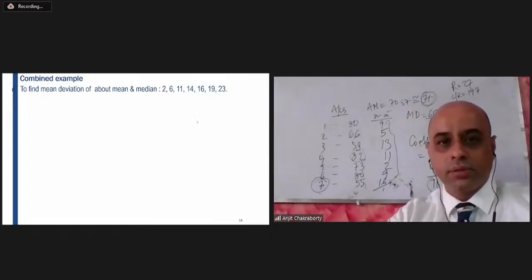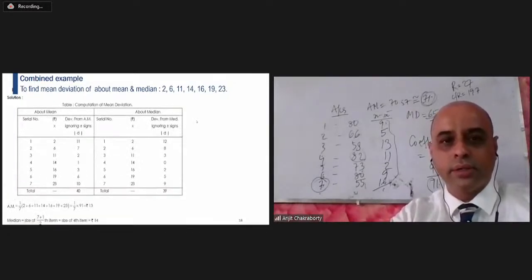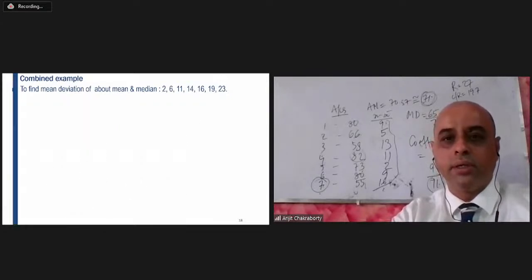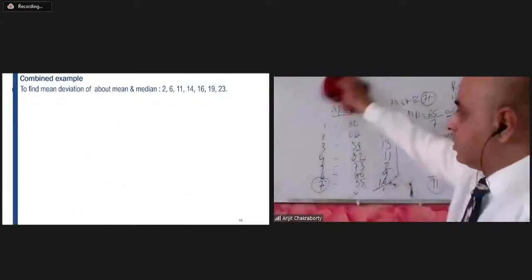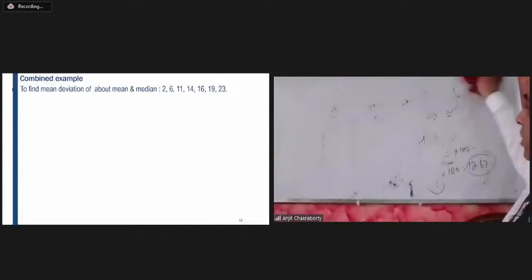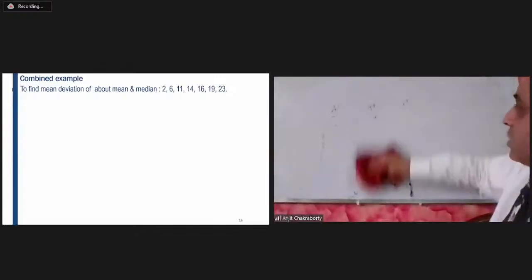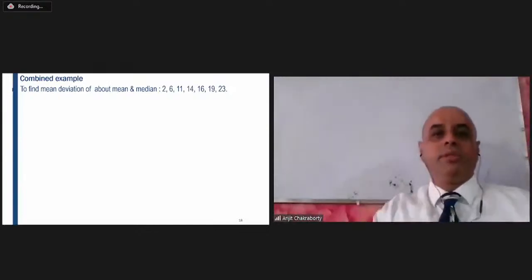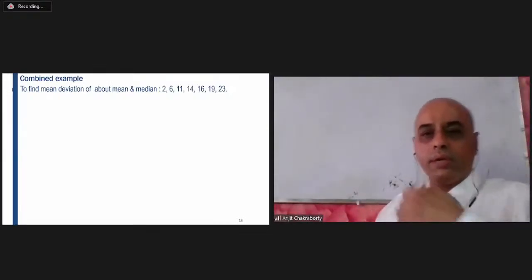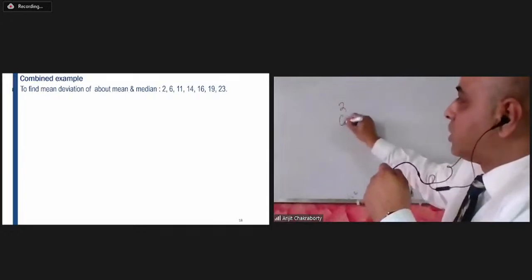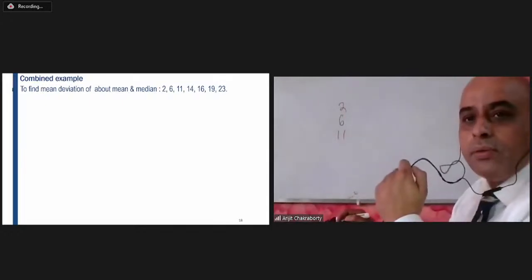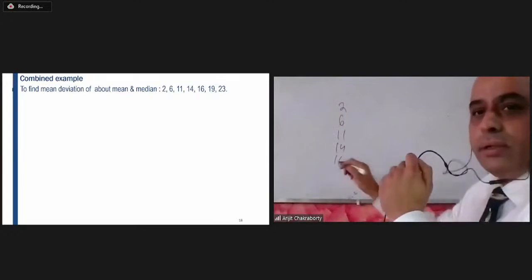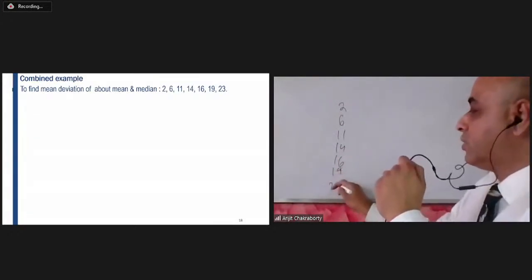Okay, let us try to solve it through the median. Mean we have already done in a few examples, so let us take the median. The center will be the median. So 2, 6, 11, 14, 16, 19, and 23.